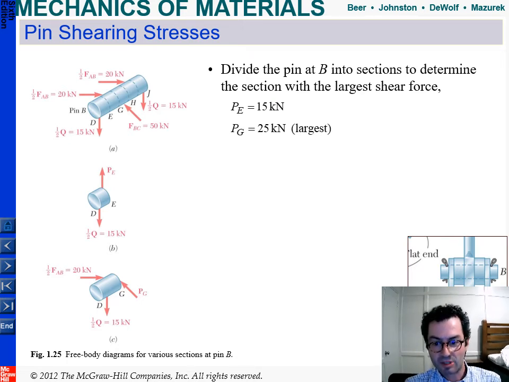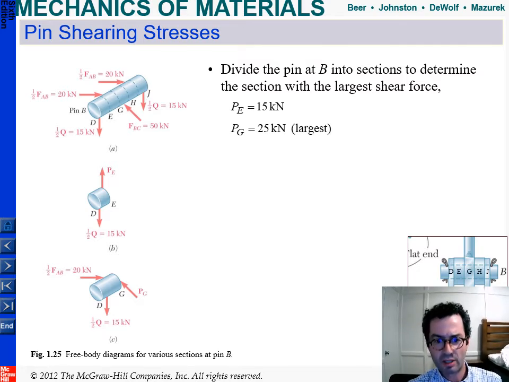And on the outside of that, this double clevis hanging down has a load of 30 kilonewtons, and that is the hanging load at the end of the boom. So it's a little complex, so let's go through this bit by bit.